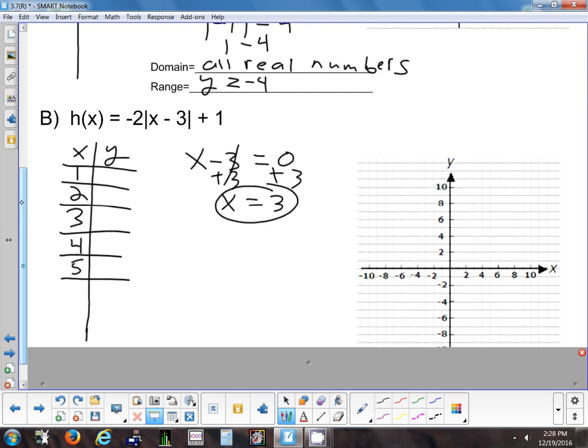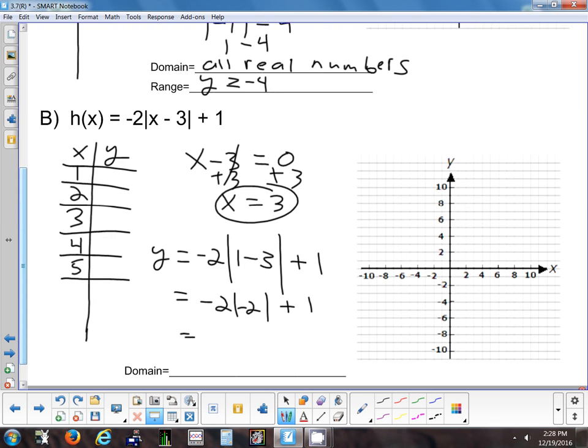Can you tell me what it'll look like for the formula? 1 minus 3 plus 1. Now just do out that arithmetic. What's 1 minus 3? -2. Now what's the absolute value of -2? 2.